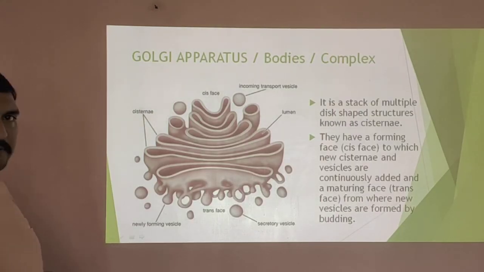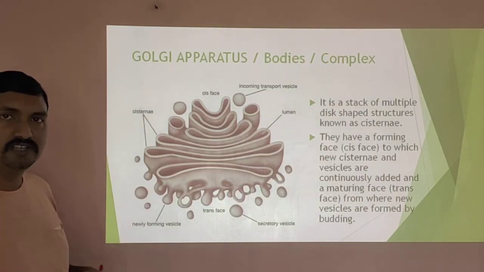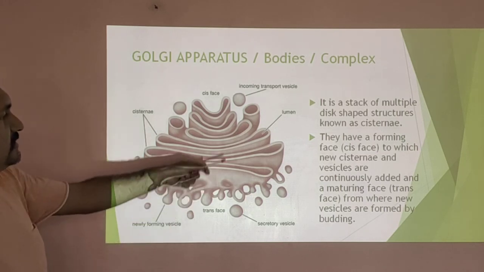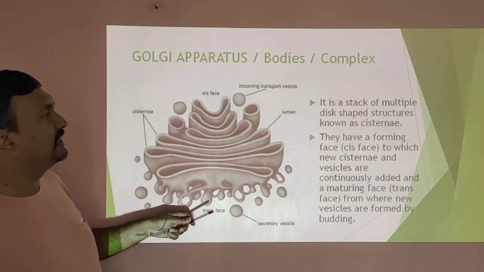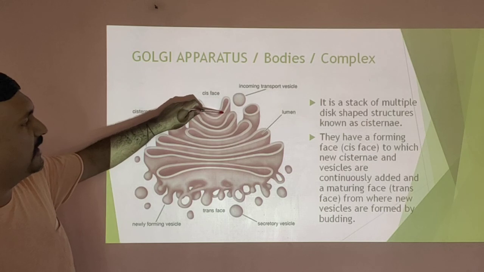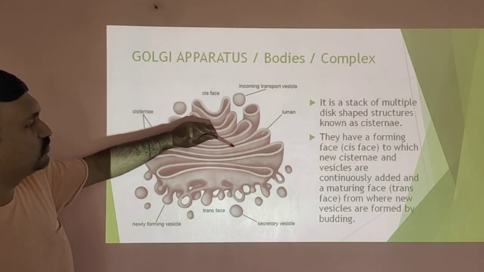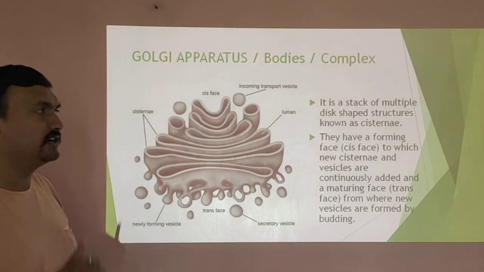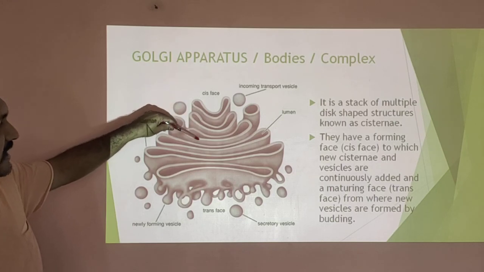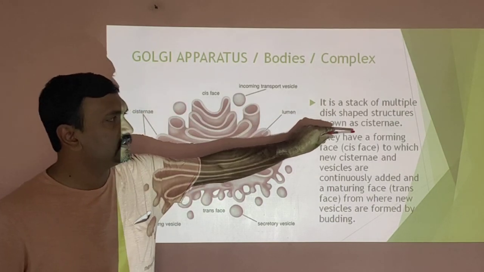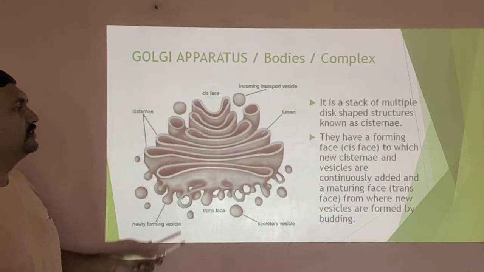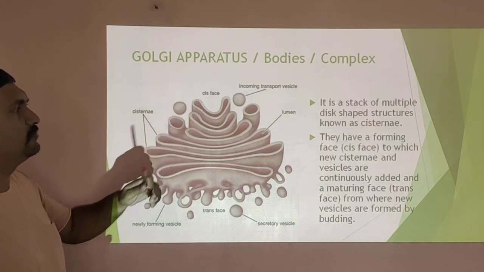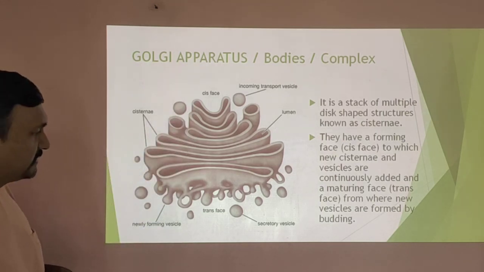Next is Golgi apparatus, also called Golgi bodies or Golgi complex. It's a beautiful diagram where we see that it has many flat disc-like structures which are stacked one above the other. Individual disc-like structures are known as cisternae, and these cisternae are stacked one above the other to form a complex.